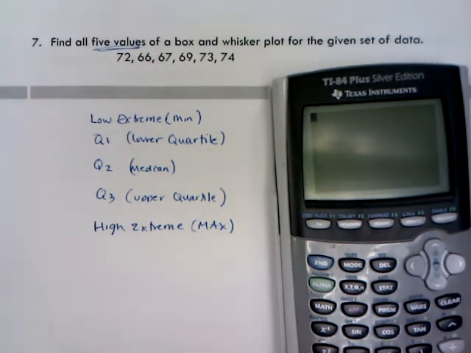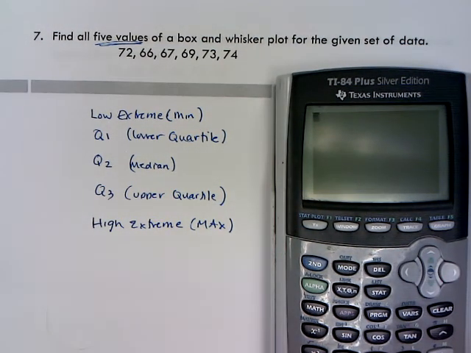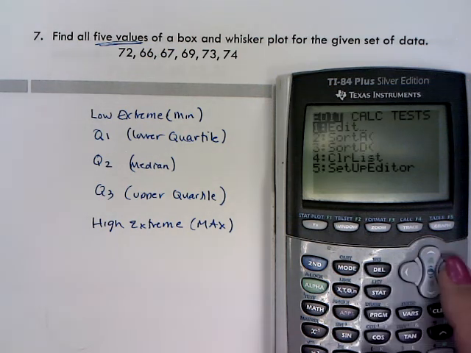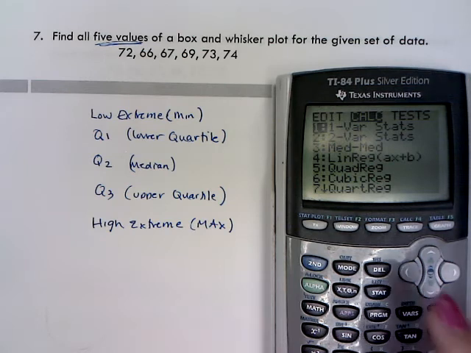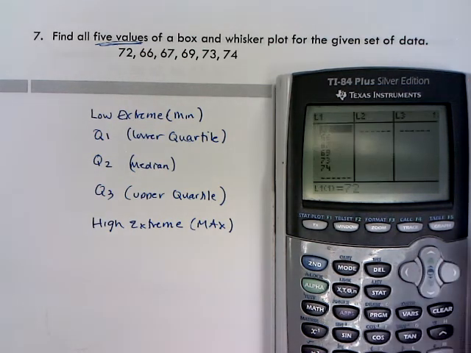So now I already have this data in my calculator. Where again do I find the 5 data points for the box and whisker plot? Excellent. It's under 1-Var Stats again. So I come under Stat, Calc, because I already have my stuff in L1. I didn't delete them out.